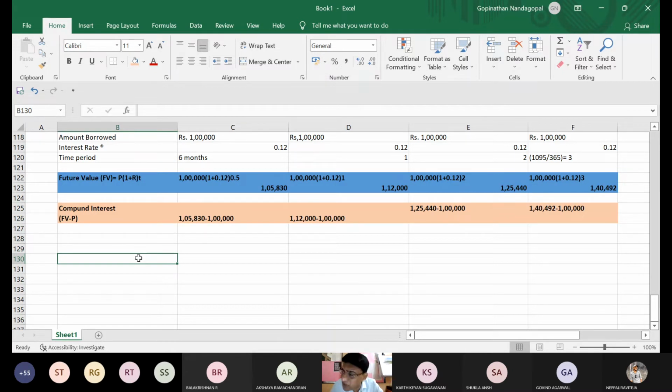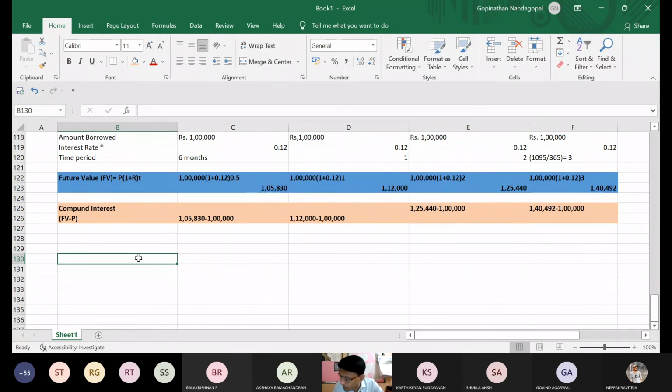Raviteja, number of years compounded means like at the end of first year, suppose there are 5 years. At the end of the first year, 4 years; at the end of the second year, 3 years; at the end of 3 years, 2 years; at the end of the 4th year, 1 year.